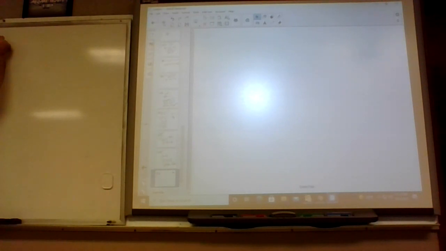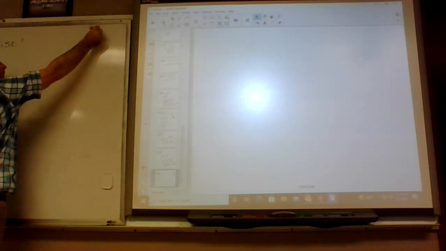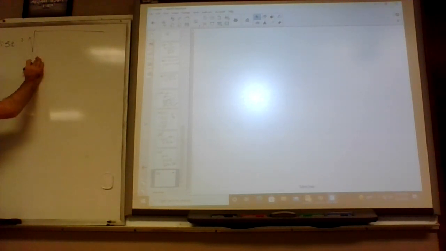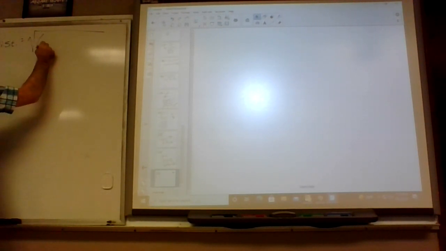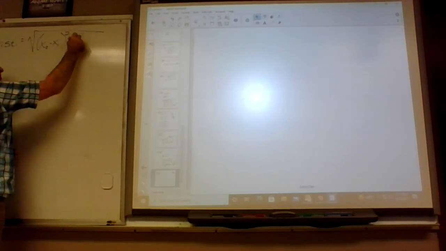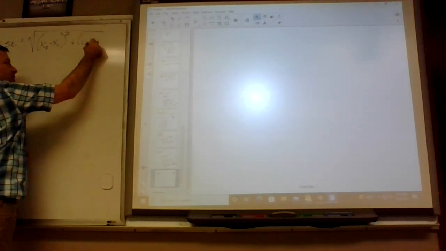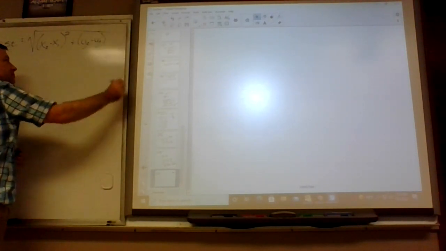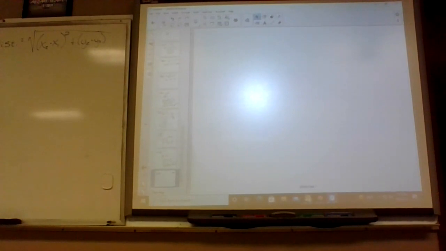Anyway, does anybody remember the distance formula? It starts with the big square root, and then you put x. Yeah, the change in x's squared plus the change in y's squared. It's kind of like a complicated version of the Pythagorean theorem.